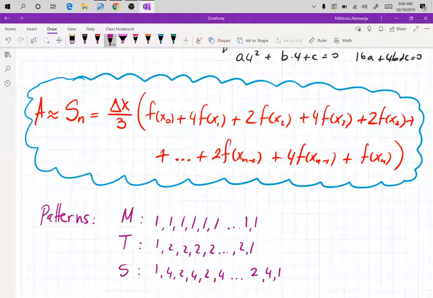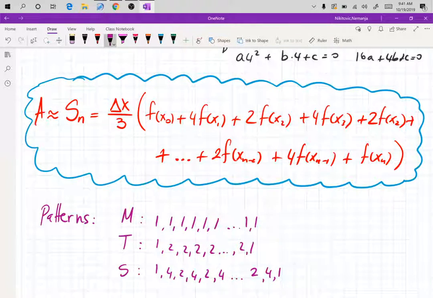Oh, by the way, if you use the Simpson formula on a parabola, let's say your problem was 3x squared minus 7x plus 17, you will get the exact answer. You will get the exact answer if you use Simpson's rule on the parabola, because Simpson's rule is quadratic approximation.